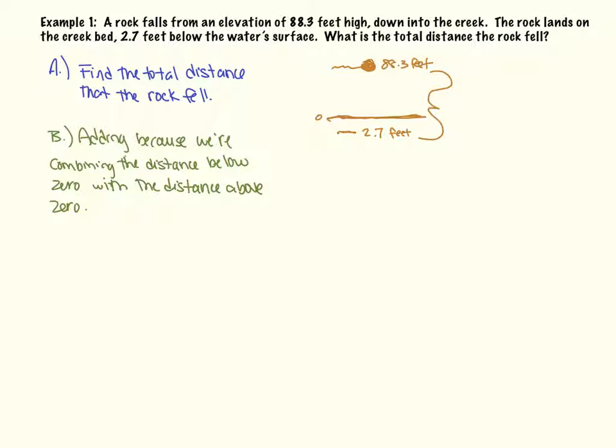And the fact that we are mentioning the word combining is basically a key word that we can use for adding. All right, now let's go ahead and perform the actual operation.